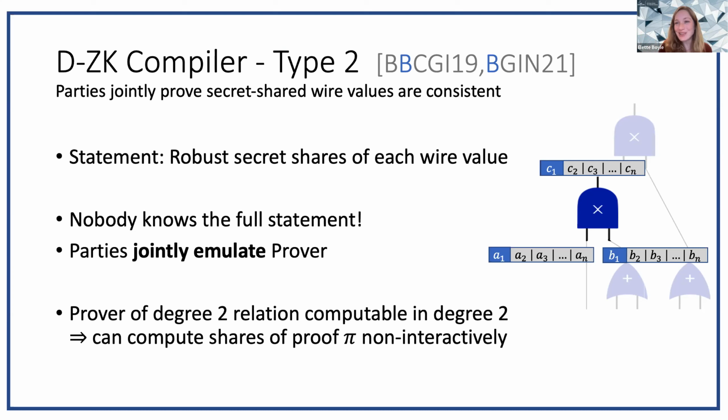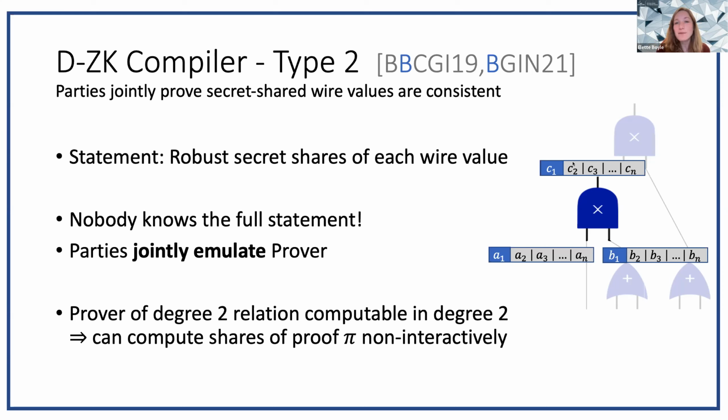So the good news of all of this is that, again, the statement, like the language or relation that we want to prove on this giant combined set of secret shares, is again very simple. And here you can kind of see what it is going to be.